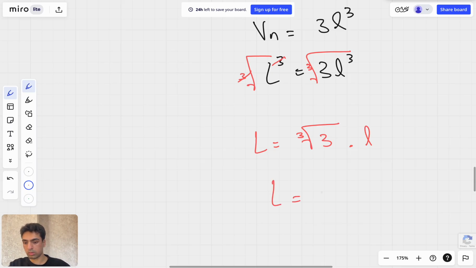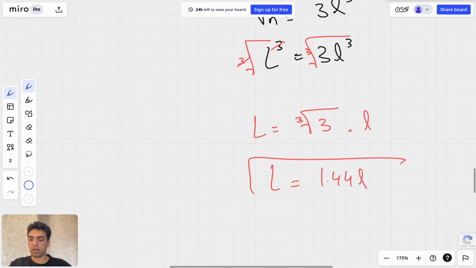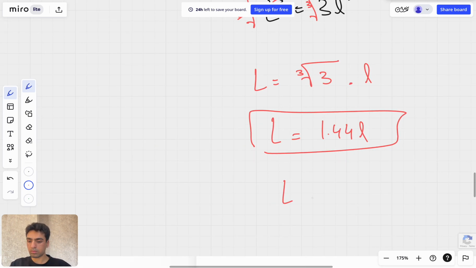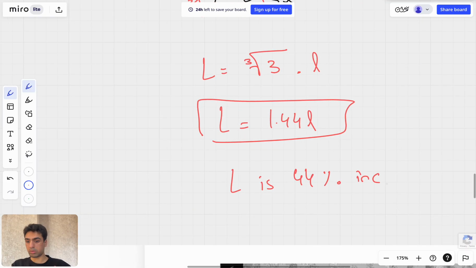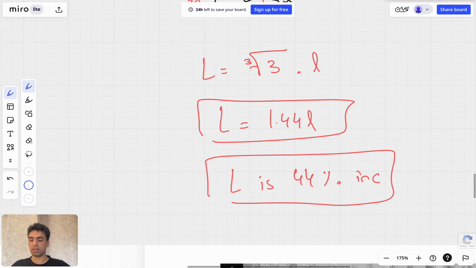So L is equal to 1.44 L, which means that the new length is 44% greater than the old one. So there's a 44% increase over the old length. And that's what's going to triple the volume.